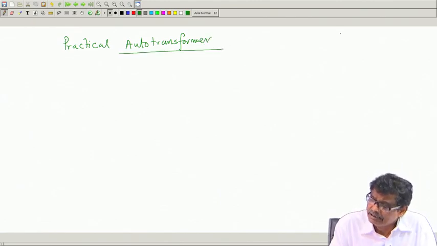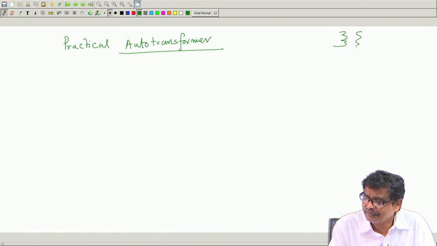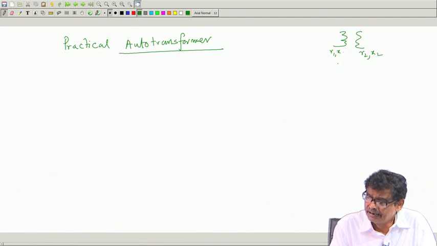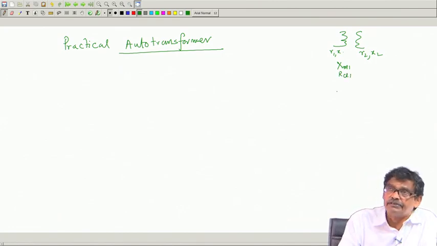A practical two winding transformer, we know you have to take R 1 X 1, R 2 X 2, and then magnetizing reactance X m 1, R C L 1, core loss component of resistance, all these things you have to bring here.